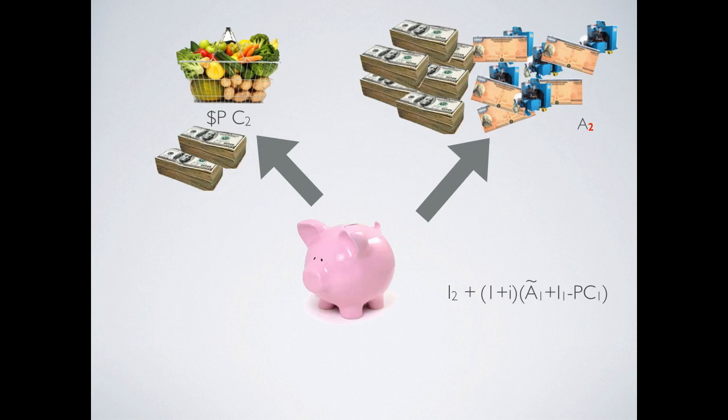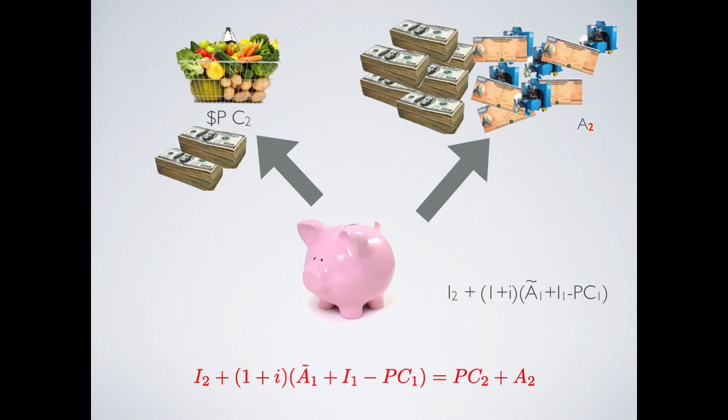Therefore, the second period spending pattern represents an intertemporal budget constraint that can be written as the following red-colored equation. On the left-hand side, you have I2, the wage income from tomorrow, plus the unspent part of money from today times 1 plus i.